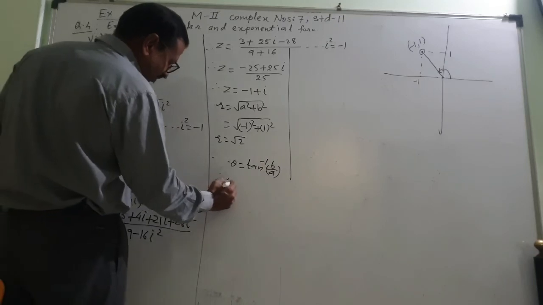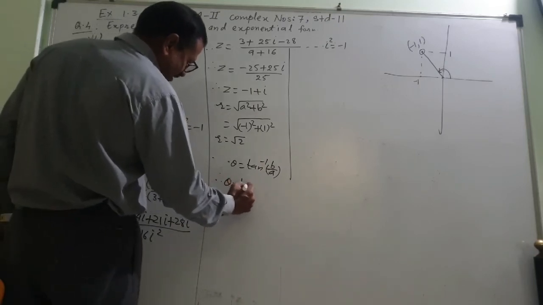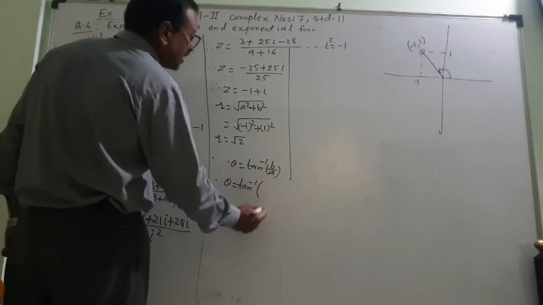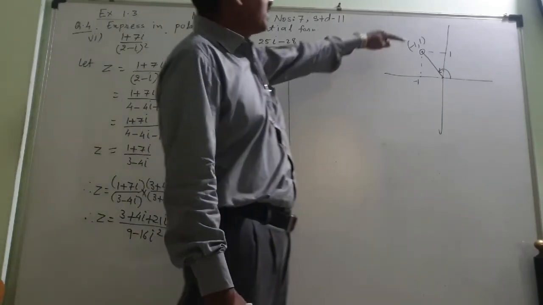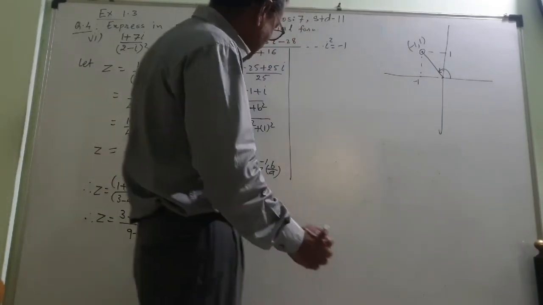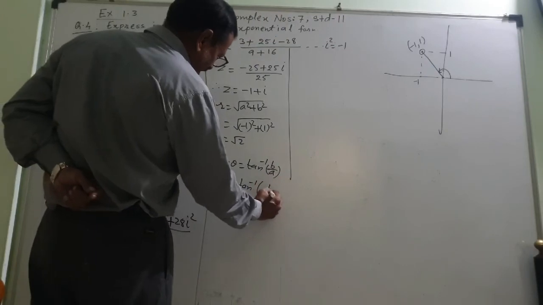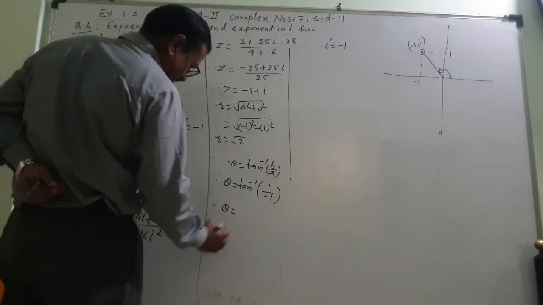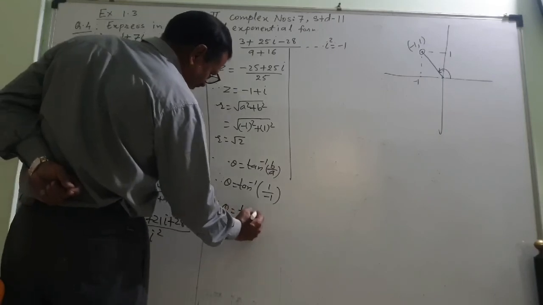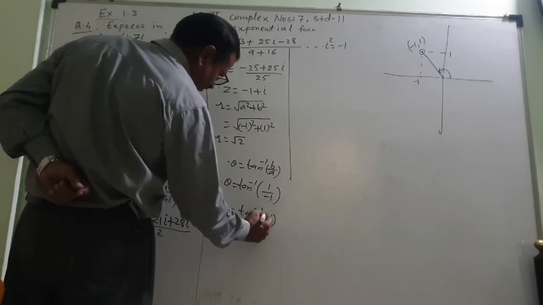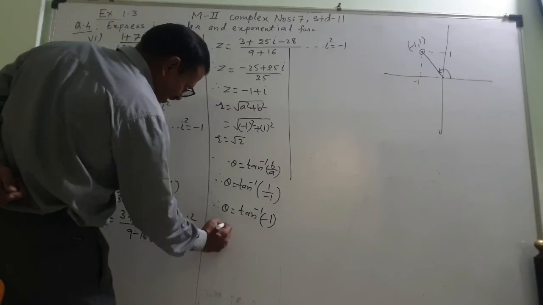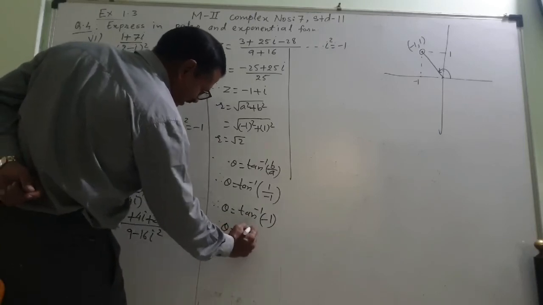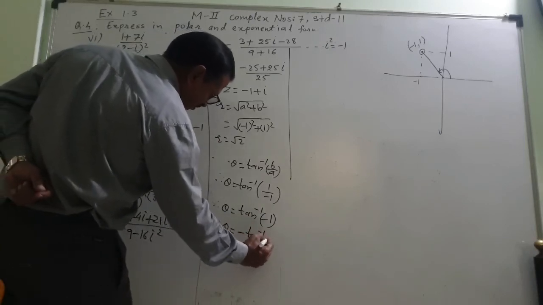Therefore theta is equal to tan inverse, b is how much? This is b, 1 upon minus 1. Therefore theta is equal to tan inverse of minus 1. Therefore theta is equal to minus tan inverse of 1.